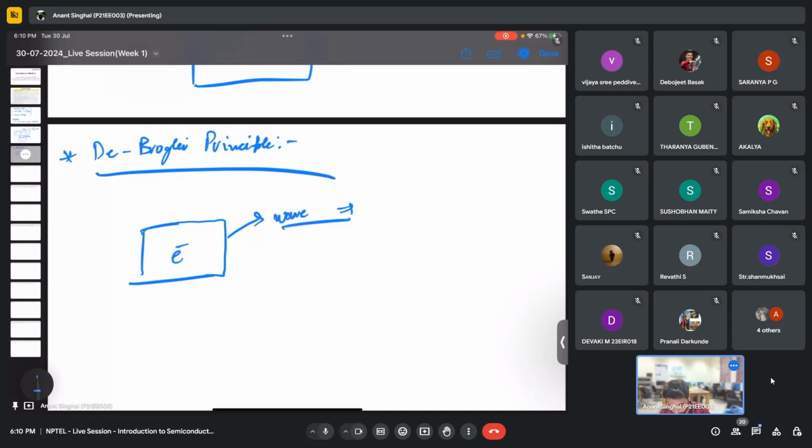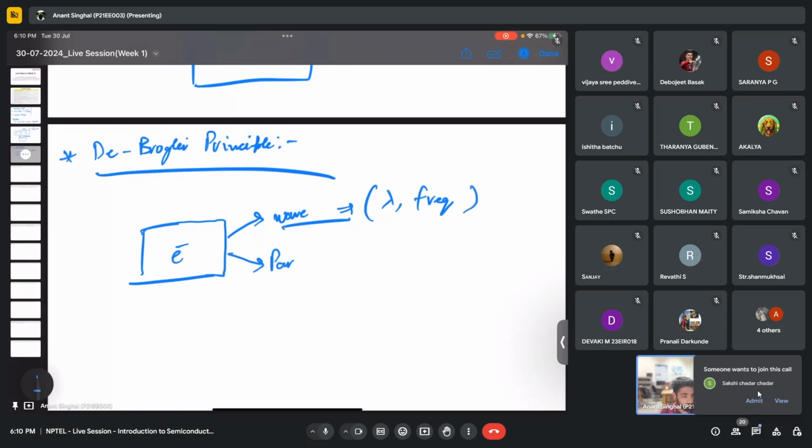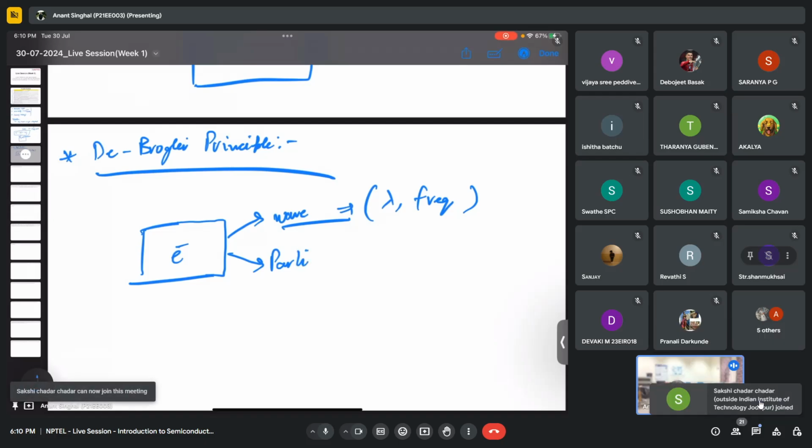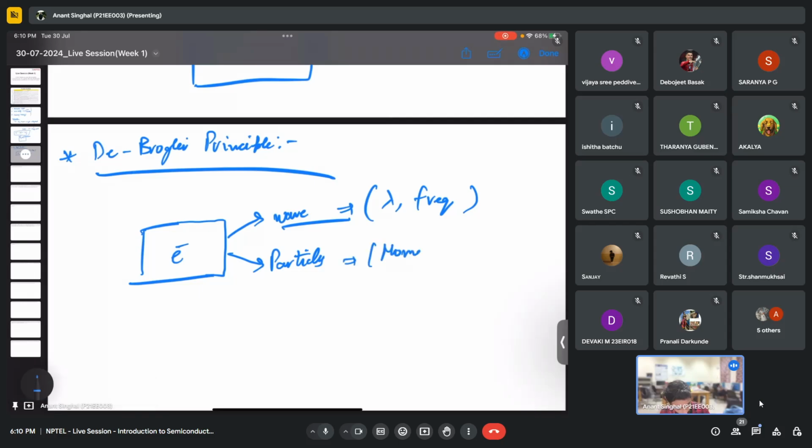By wave, we mean it can exhibit wavelength, frequency, etc. And it also exhibits properties of particles, meaning it has momentum or energy, say kinetic energy.